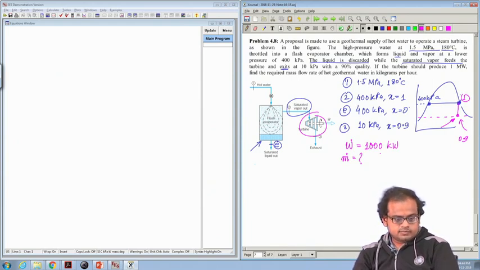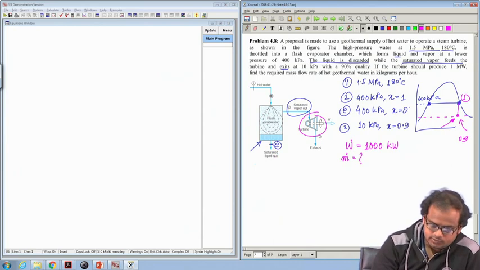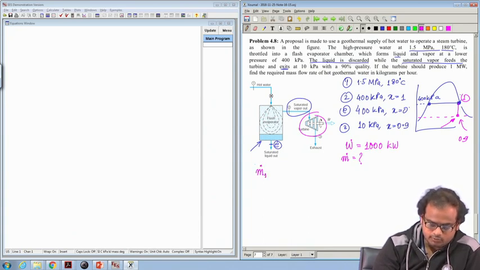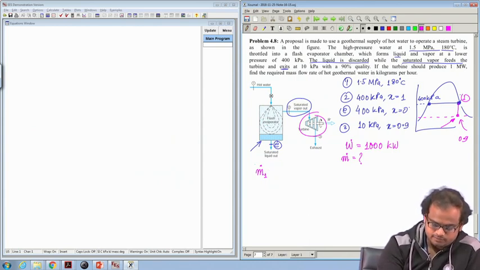Okay, so how do we go about doing this problem? We can do this in multiple ways, but let's start off. Let's see how we progress. So m dot 1 is the mass flux at the inlet.